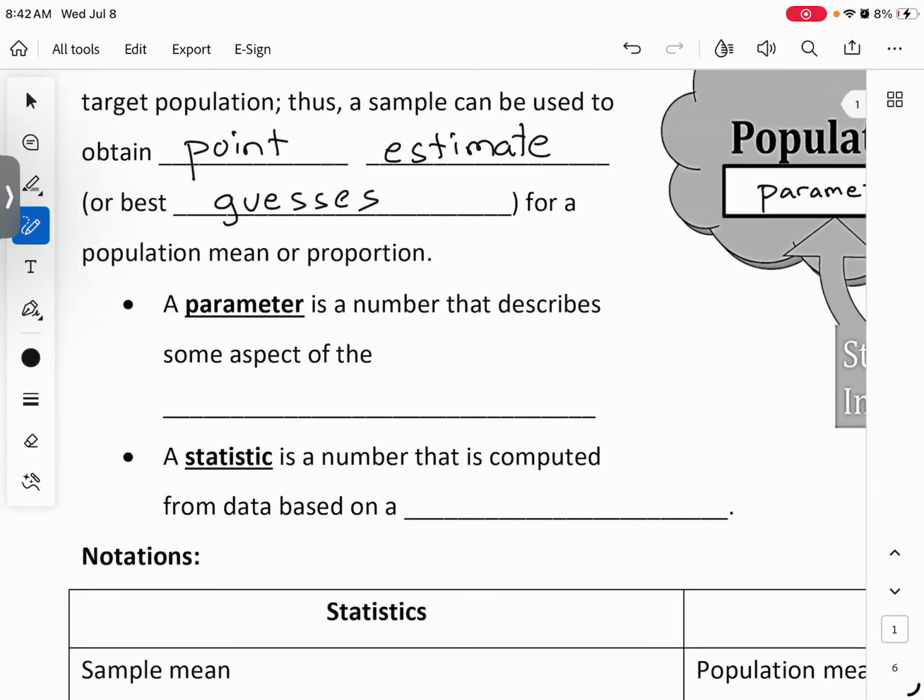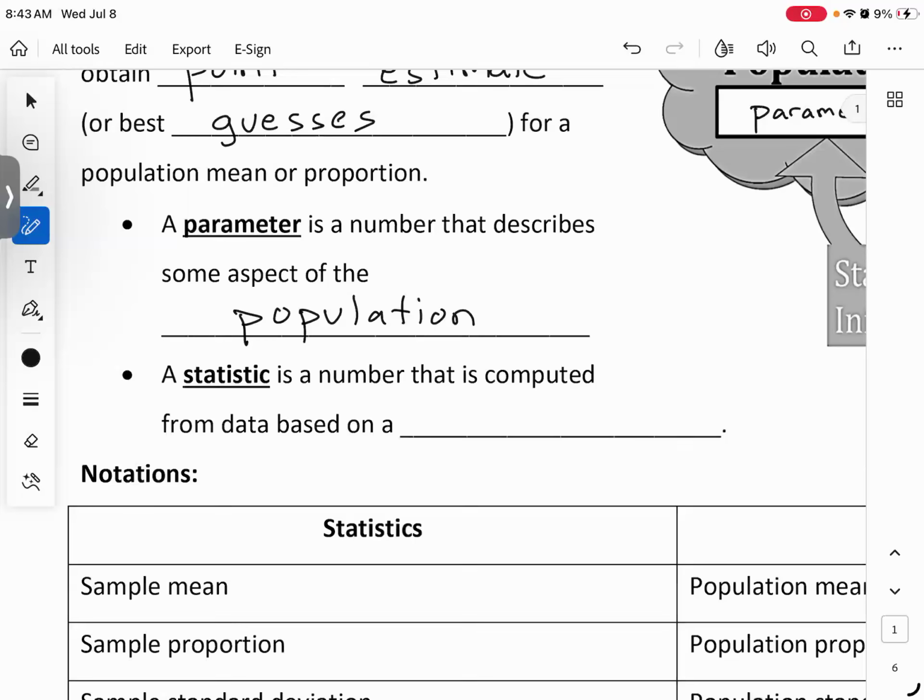So you're going to want to keep these two words together. Parameters are values related to the population, numbers that represent the population. And statistics are values or numbers that you calculate when you've only worked with a smaller sample of the population.